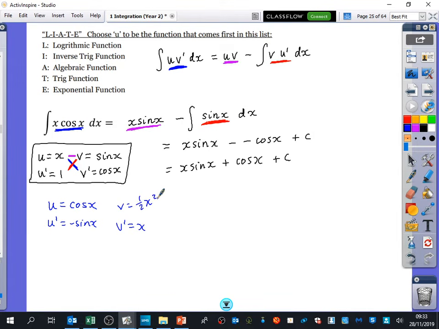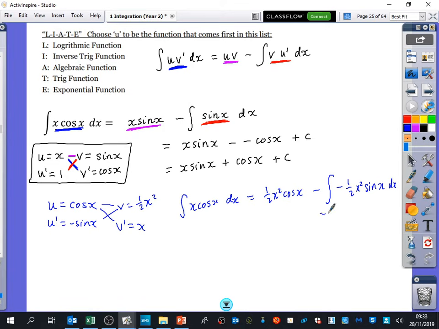And if I was going to integrate x cos x, that would be equal to a half x squared cos x, minus the integral of minus a half x squared sine x dx.